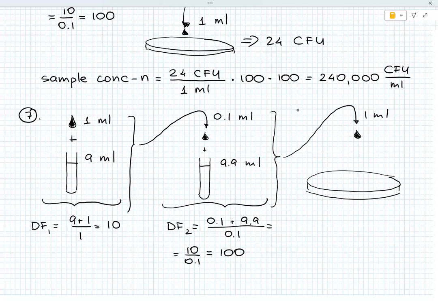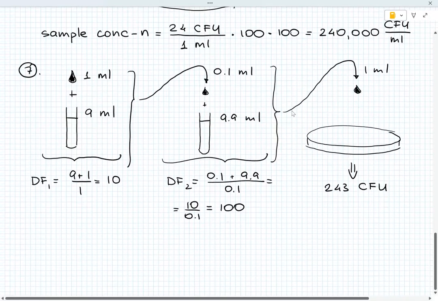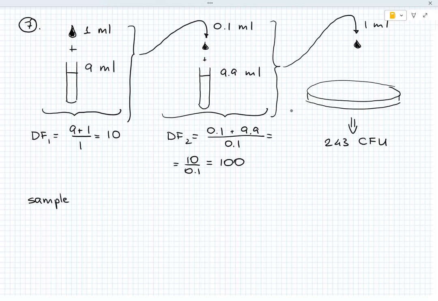onto the agar plate. And how many colony forming units do we get out of it? 243 CFU. Okay, perfect. So, sample concentration then, how do you calculate it? What do you put on top of the first fraction? 243 CFU, very good.